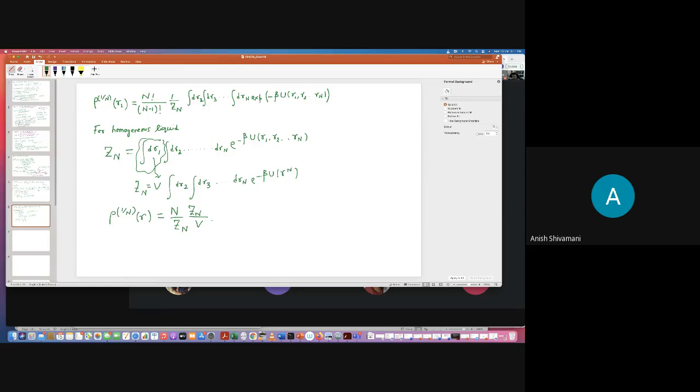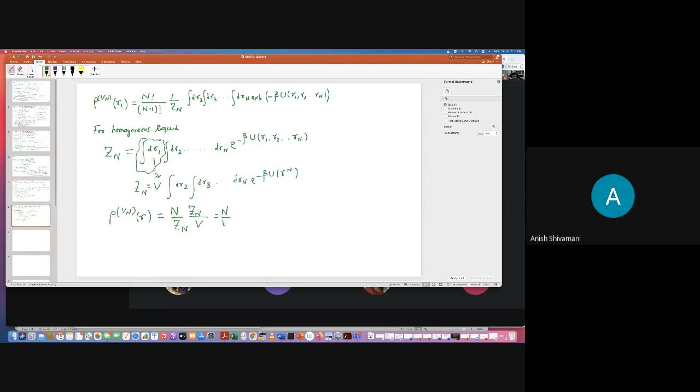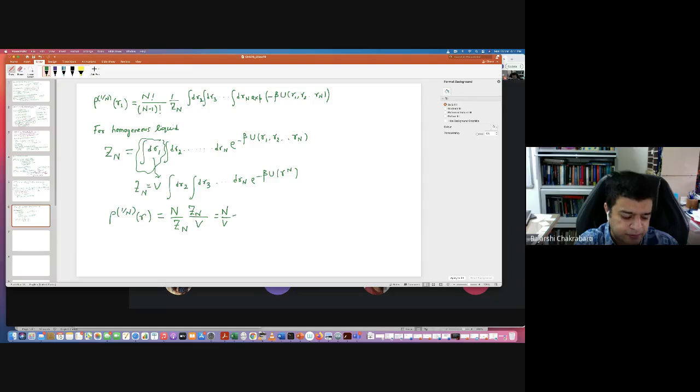So this gives you N by V. What is this? Density. So your one particle reduced distribution function for a homogeneous liquid is nothing but the density.